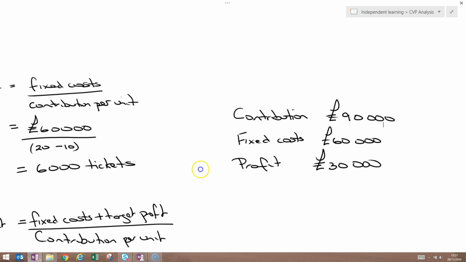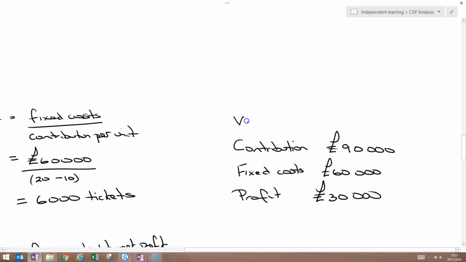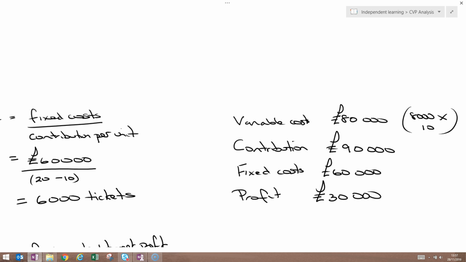We also know what our variable costs are. We're selling 8,000 tickets and the cost per ticket is £10. So our variable costs are 80,000. Now sales minus variable costs equals contribution. So therefore our sales must be £170,000.